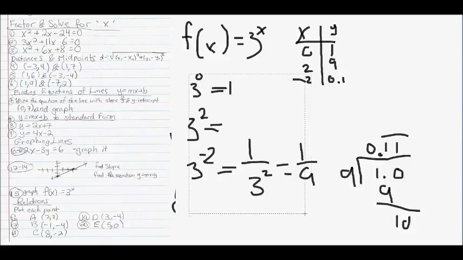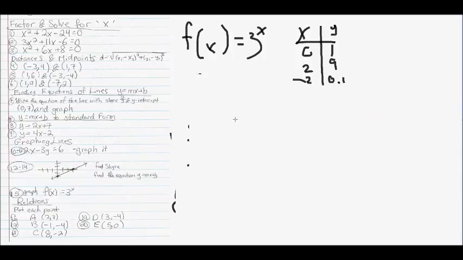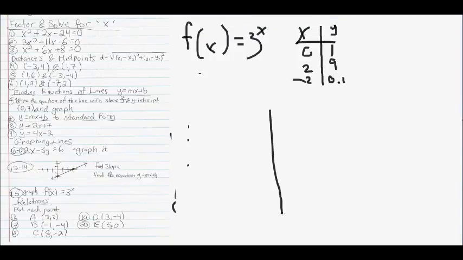Alright, now let's delete all this material. Alright, and now we're going to draw this. So this is x, this is y, 0, 1, 2, and I'll draw this to be 3, 4, 5, 6, 7, 8, 9.